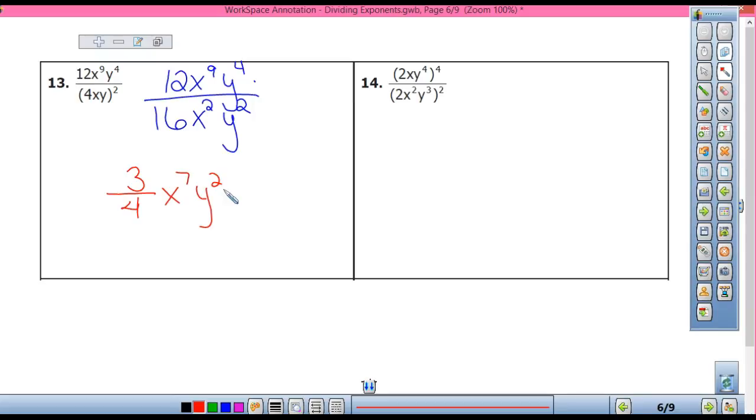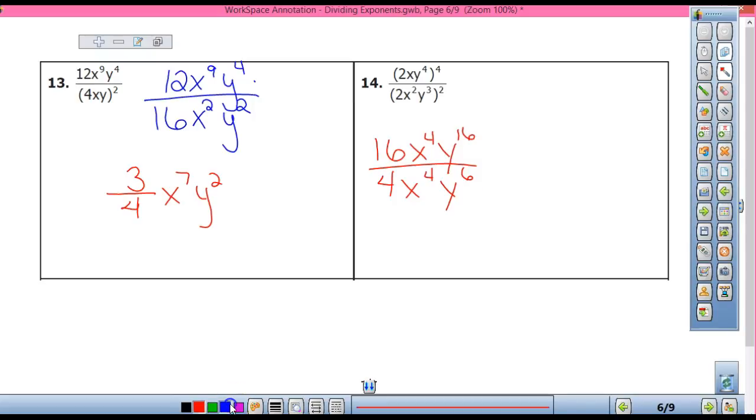Alright, so 14, you guys simplify the top and the bottom. So everybody's doing that right now. How does yours look so far?